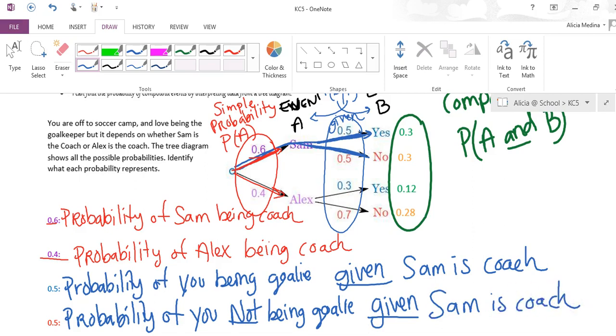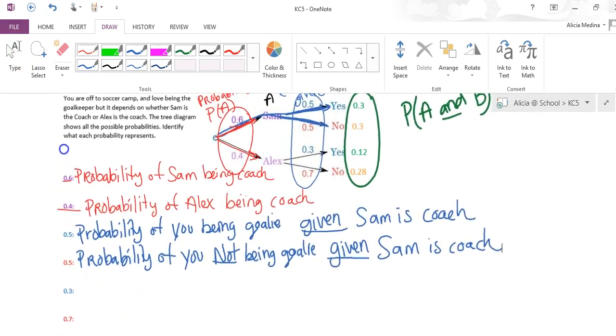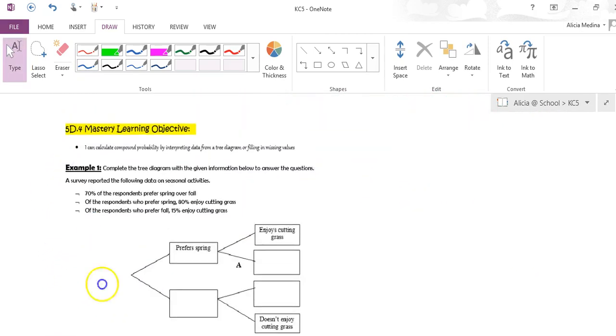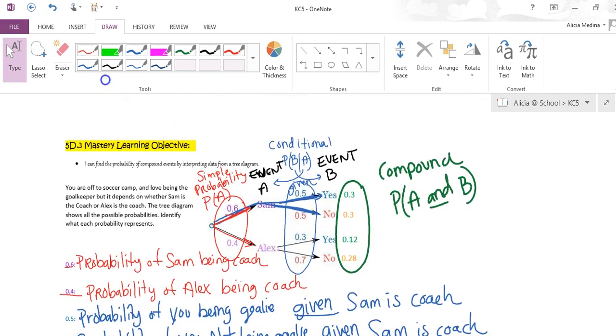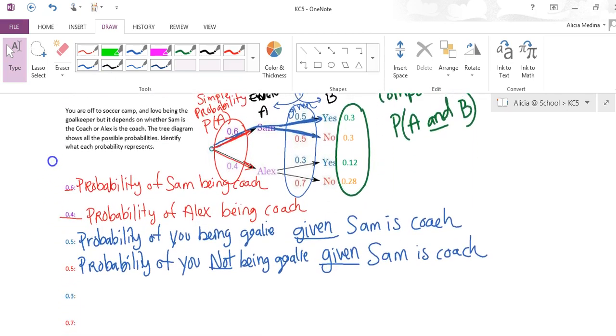Right? Because Sam is coach, that was our given statement before. Alright, I'm going to kind of minimize this a little bit so we can still see our graph up here. Make you dizzy while I try to do that.